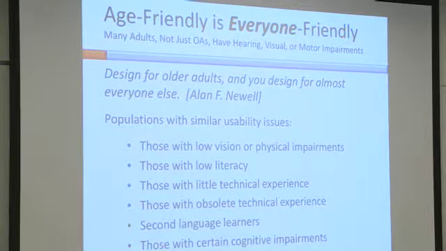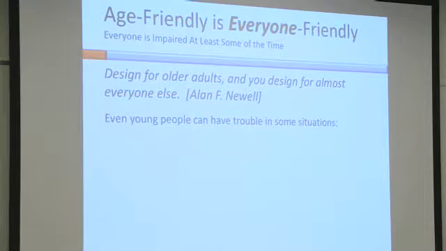Some of my students here at USF don't know the difference between Wi-Fi and cellular service. So it's not like everyone is technology savvy. Okay, those with obsolete technical experience, we'll talk about that in a minute. Second language learners and certain people with cognitive impairments. So as he said, design for older adults and design for everyone else.